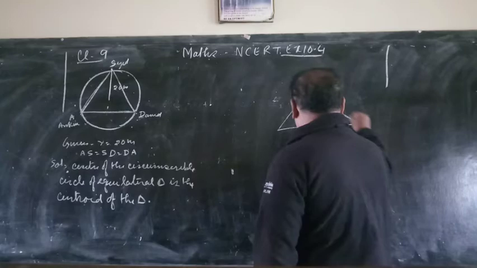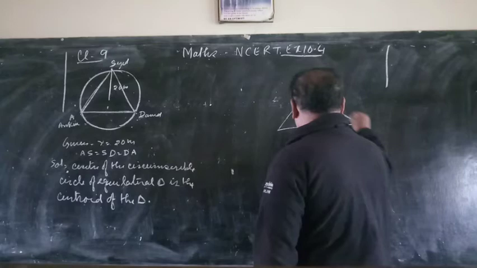Now what will we do? This is the center, we extend it up to M. Now AO is to OM is equal to 2:1, because O is the centroid of the triangle and the center of the circumscribed circle.